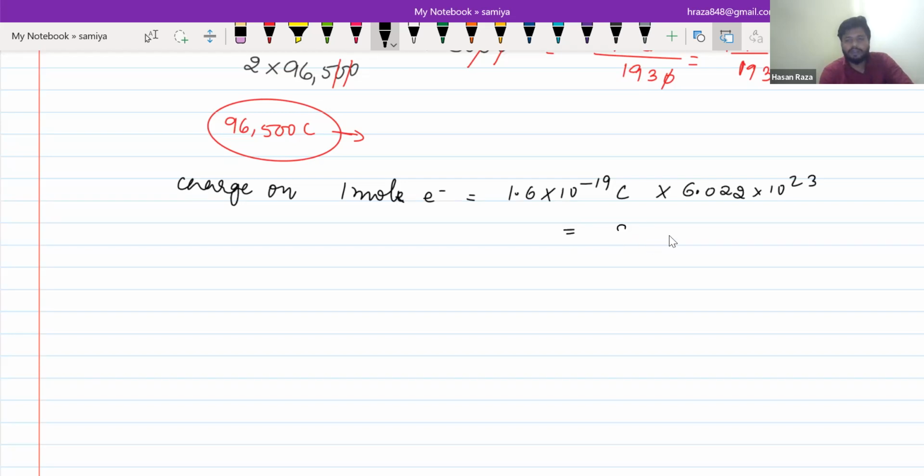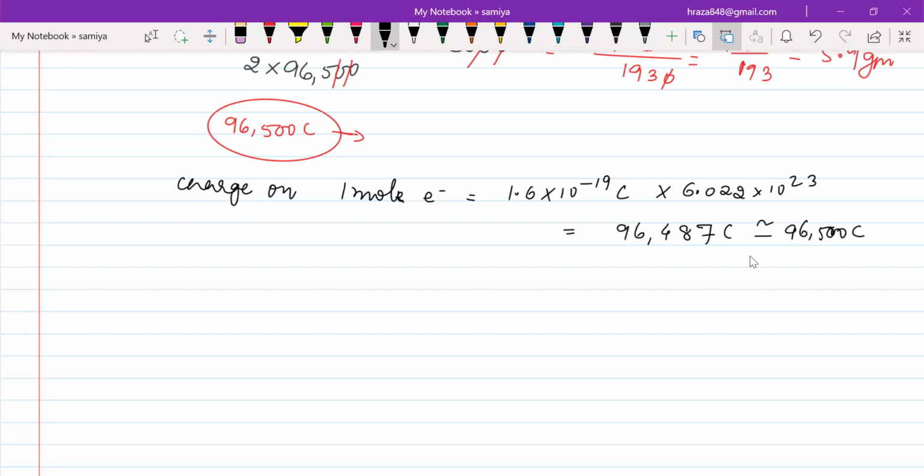If you solve it, it comes out to approximately 96,487 coulomb, and for calculation we take 96,500 coulomb. Got it? This is a small point.